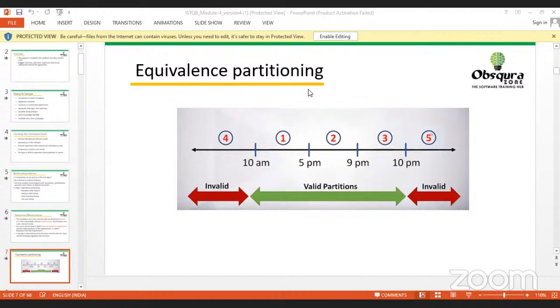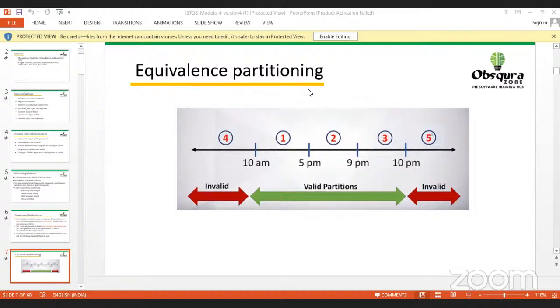For example, if it is between the numbers 10 to 100, then should it be 10 to 20, 20 to 30, like that? No, that depends upon the tester. If it is between 10 to 50, you can do 10 to 30, 30 to 50. That alone can be enough.